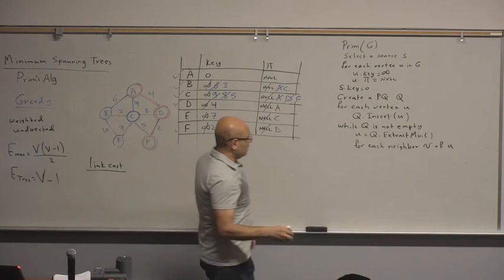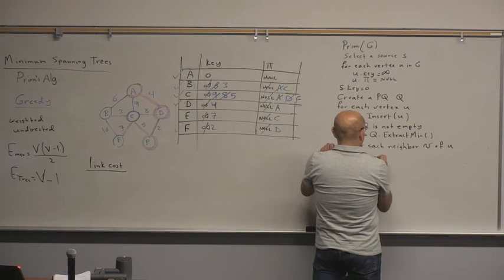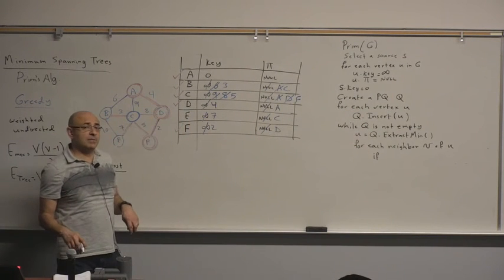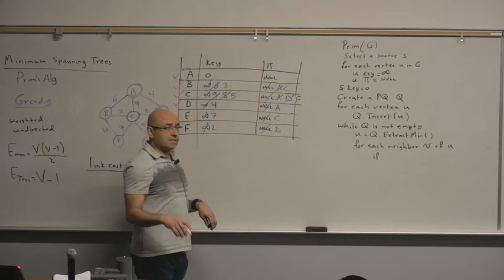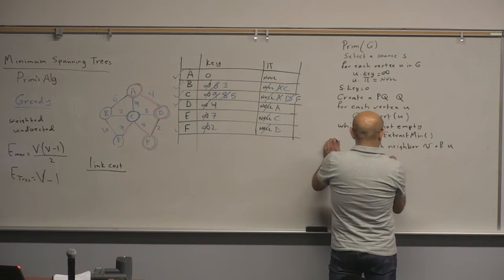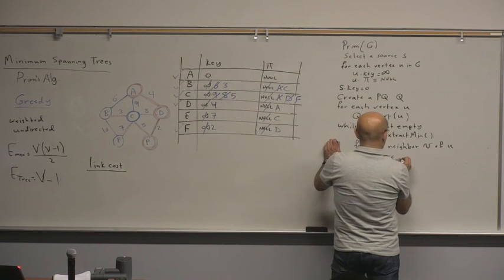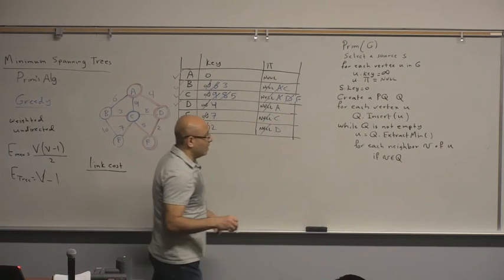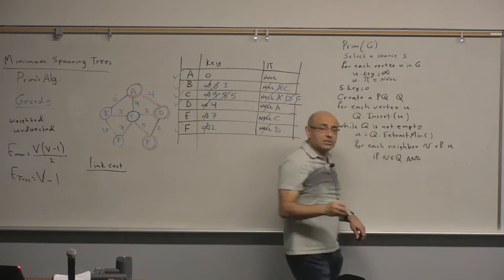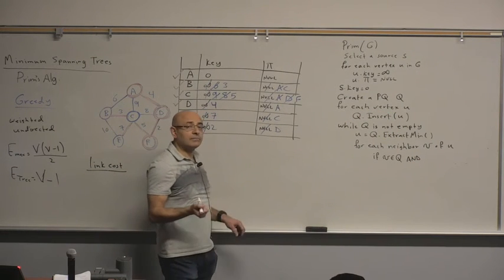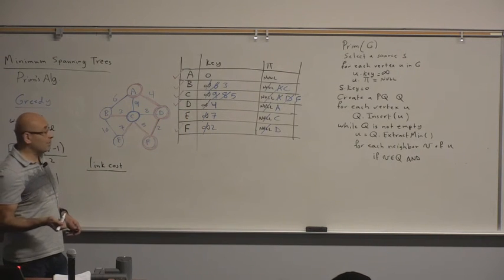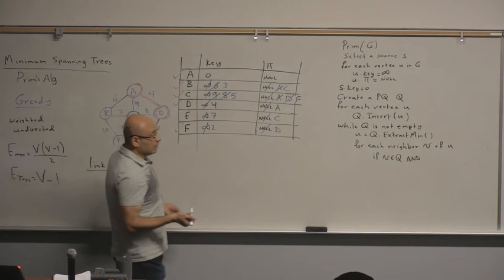now, first of all, we have to check if it's in the priority queue or in the minimum spanning tree. So if it's not in the minimum spanning tree, if it's still in the priority queue, if V belongs to the queue, and what? What's the condition that we check? So what were we checking here, when we were updating? Okay, the cost of what?